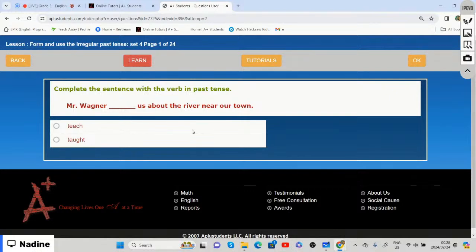So, Mr. Wagner teach us about the river near our town, or Mr. Wagner taught us about the river near our town.